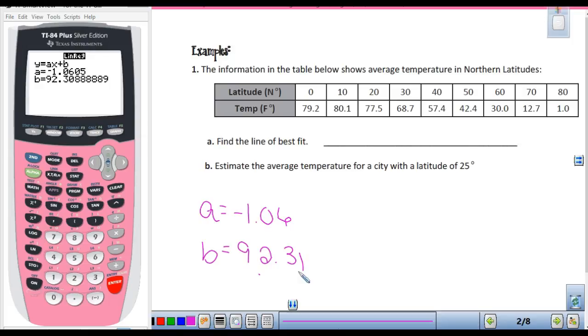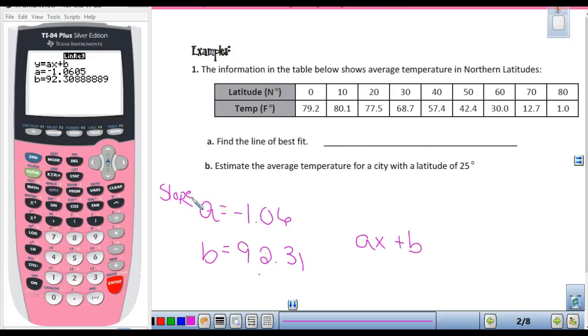Now, when we chose linear regression, it was ax plus b, and we're used to having what hooked onto our x? Our m, yep. So this a actually stands for our slope, or our rate of change. In your calculator, it does it a little bit differently than normal.